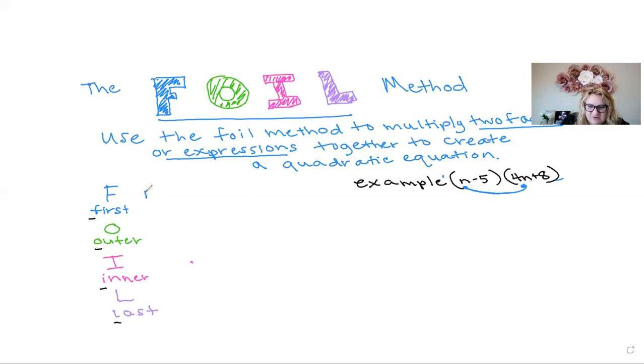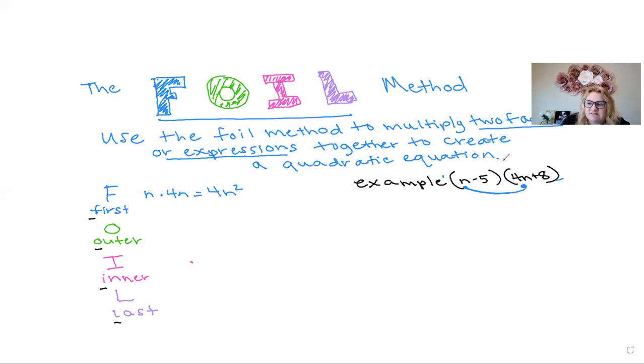Those are your first terms. So you have n times 4n. And you're multiplying, so that's going to give you 4n squared. Some people think it's like adding and it will be 5n, but that's not right. So make sure you multiply, not add.